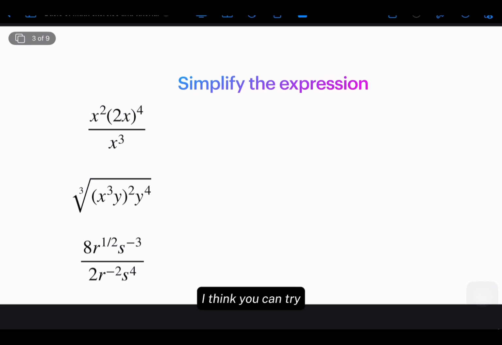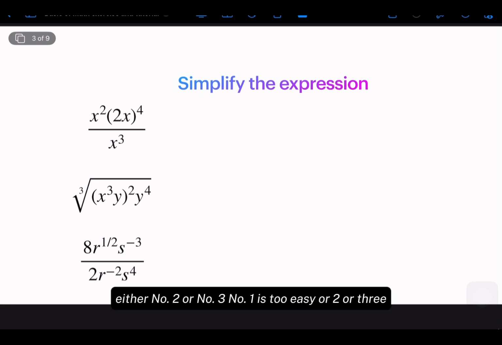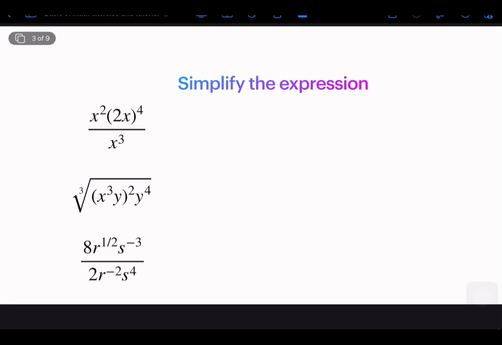I think you can try either number 2 or number 3. Number 1 is too easy. Number 2 or 3. This is for warm up.